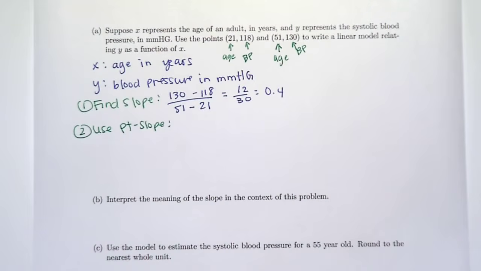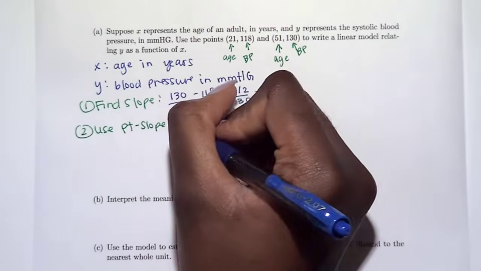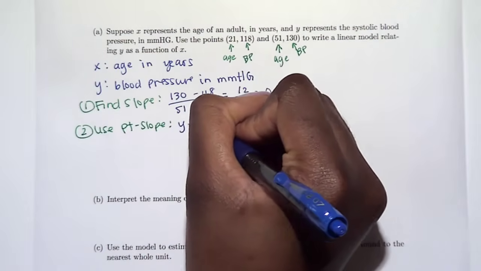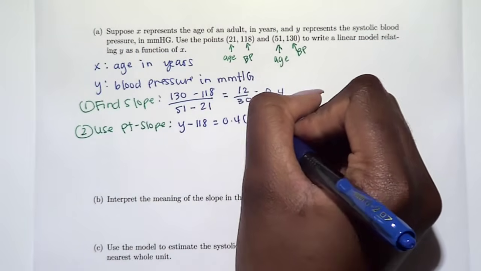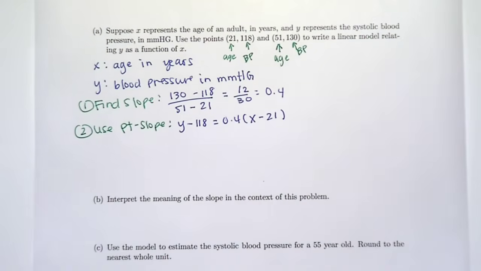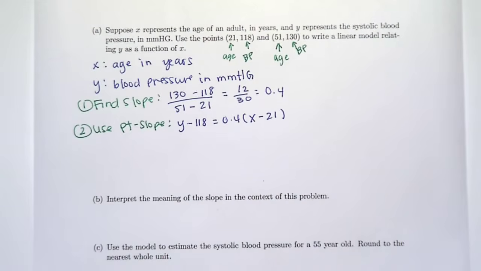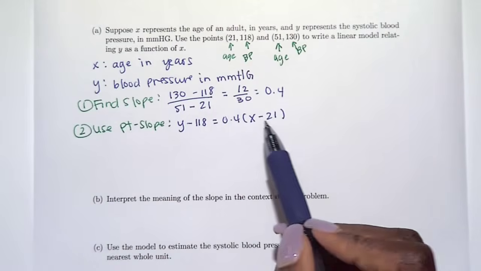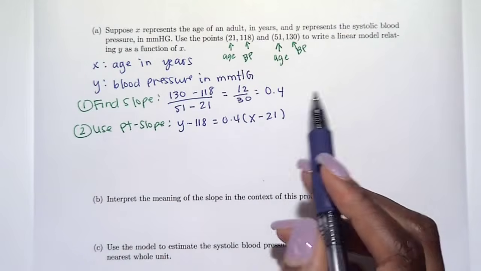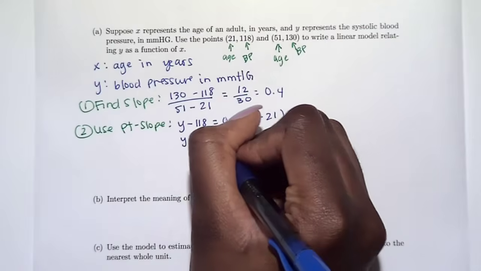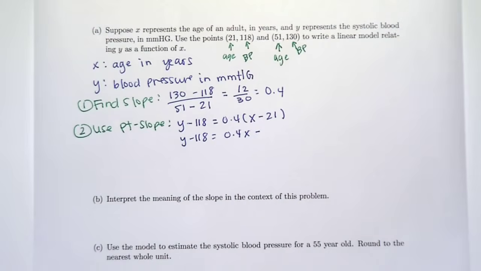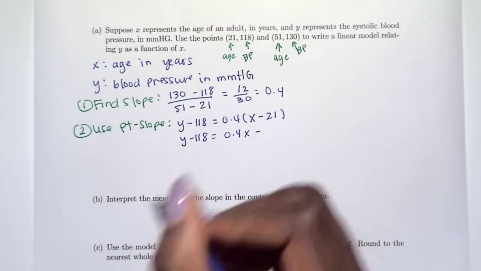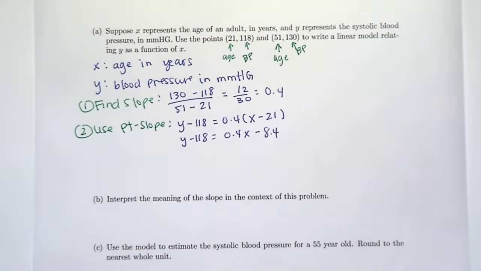You can choose whichever point you want. I'm going to use the 21, 118 to do it. So y minus my y value equals slope times x minus my x value. Okay. I'm going to distribute this 0.4. Okay, so 0.4 times a negative 21 is a negative 8.4. I've done these calculations ahead of time.